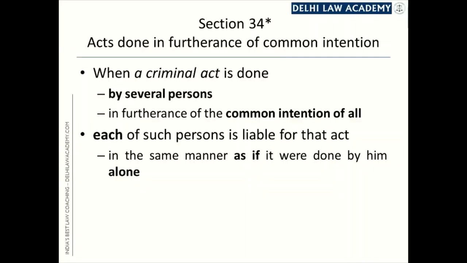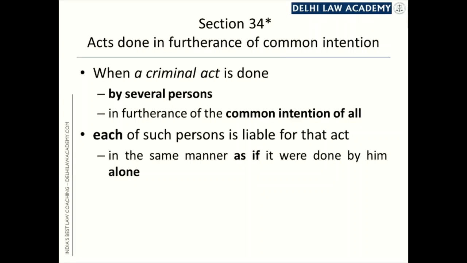Death occurred because of the head injury, so person C alone should be held responsible for death. Person A should be held responsible for whatever injuries are found on legs. Person B should be held responsible for whatever injuries are found on his hands.